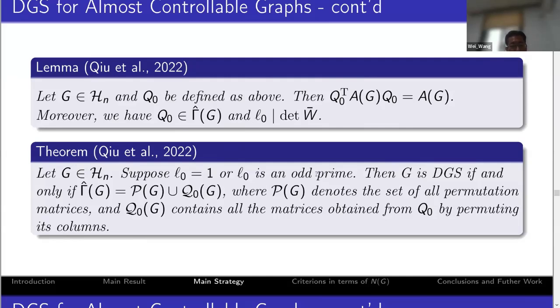Then graph G is DGS only if hat gamma G can be written as the union of script PG, which denotes the set of all permutation matrices, and script Q0G, which contains all the matrices obtained from Q0 by permuting its columns. Based on this theorem, we can show whether an almost controllable graph is determined by its generalized spectrum.